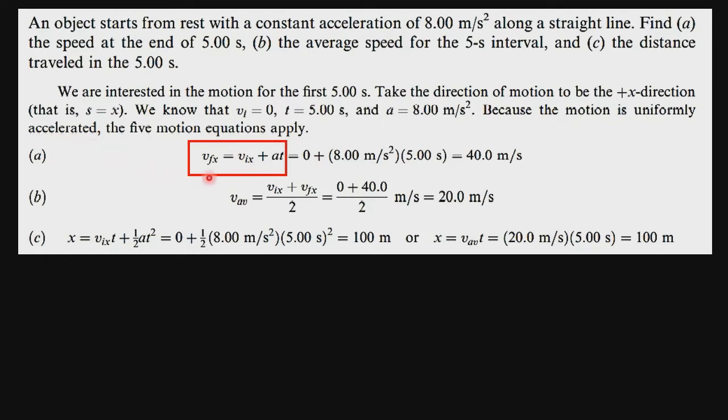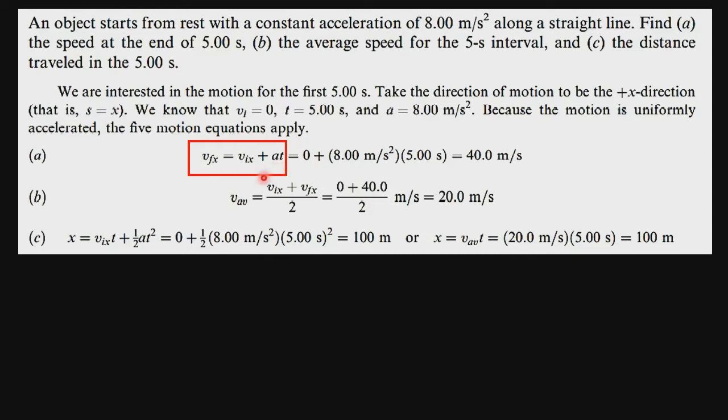The formula for finding the velocity is equal to the initial velocity, which is 0, plus the acceleration multiplied by the time. The time cancels one of the seconds in the acceleration's seconds squared, so this becomes the velocity.